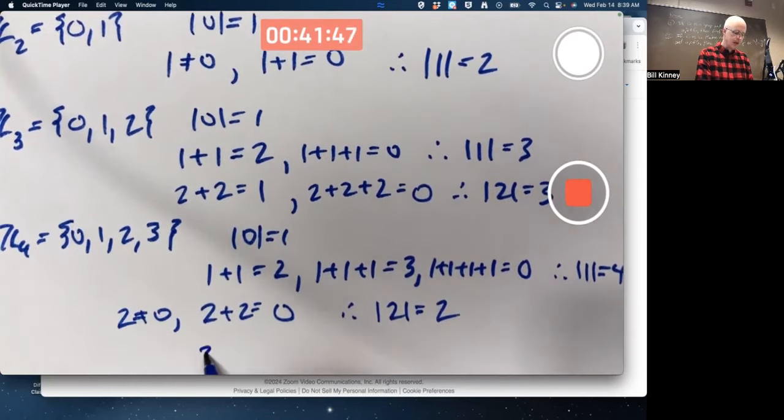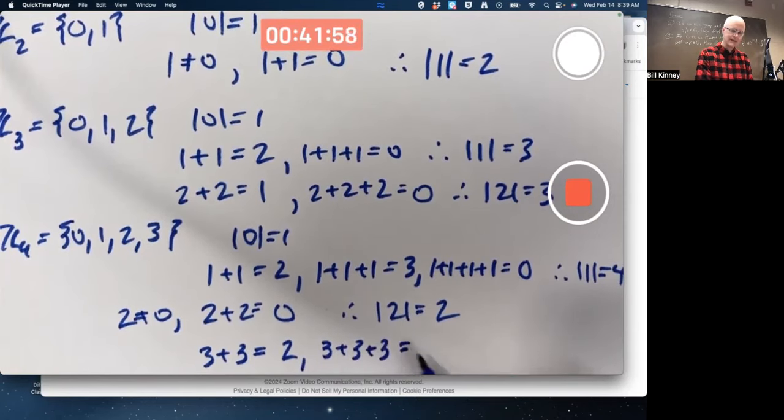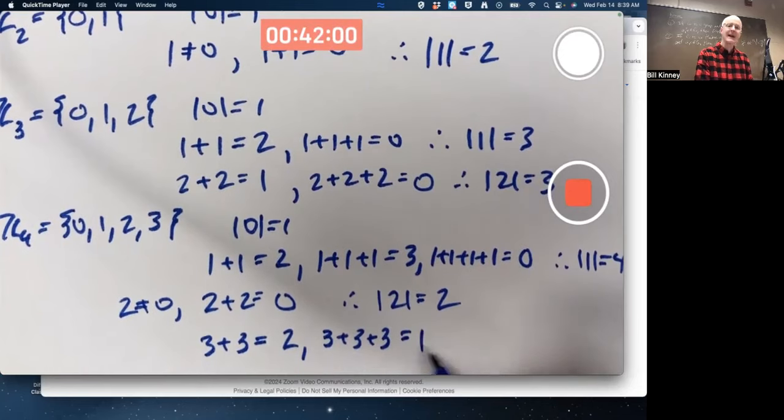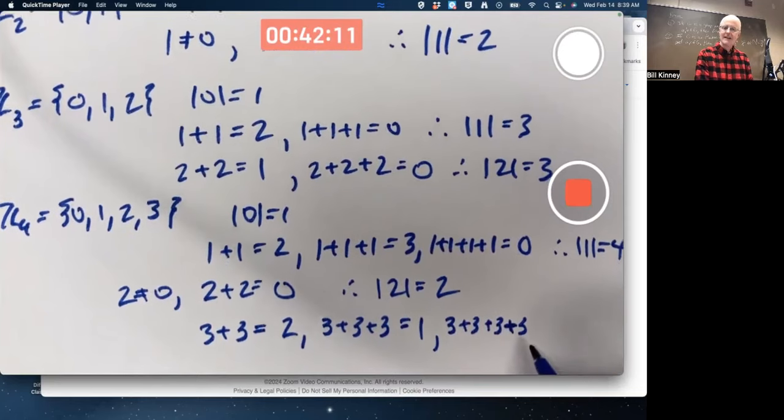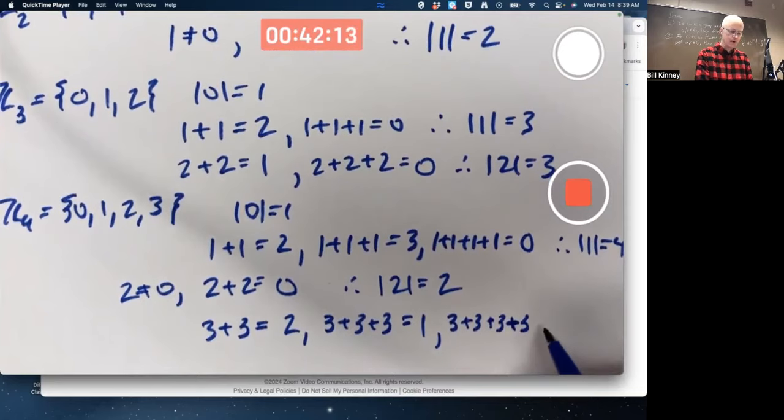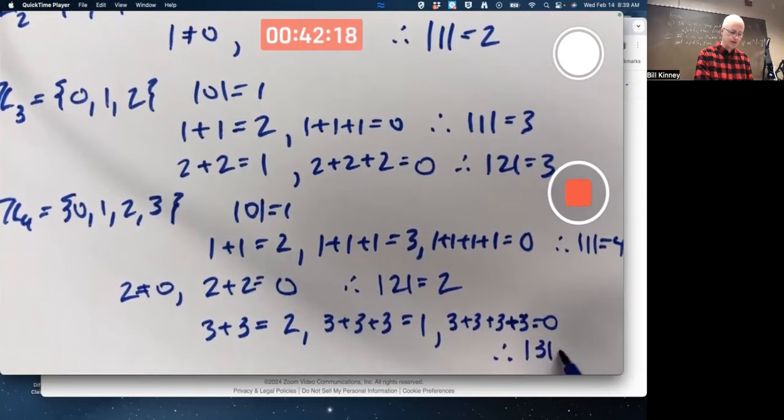The order of 3: 3 plus 3 is 6, mod 4 is 2, not 0. 3 plus 3 plus 3 is 9, mod 4 is 1, not 0. The identity is not 1 here, it's 0. Yes, 3 plus 3 plus 3 plus 3 with 4 summands is 0, because it's 12, and 12 mod 4 is 0. Therefore, the order of 3 is 4.